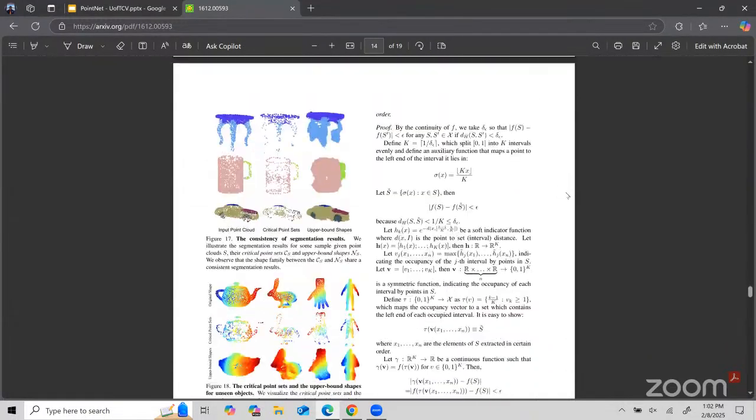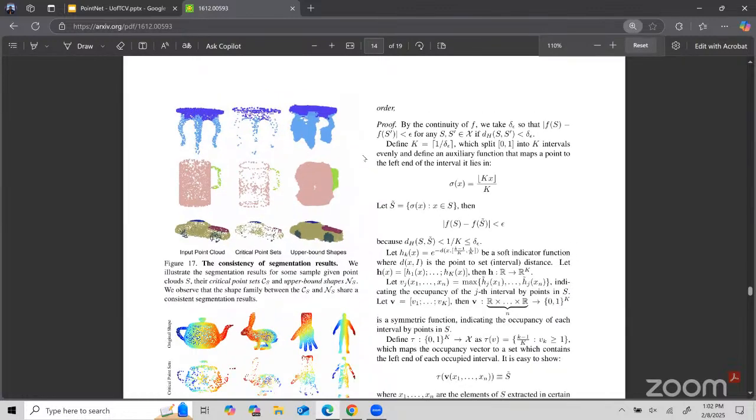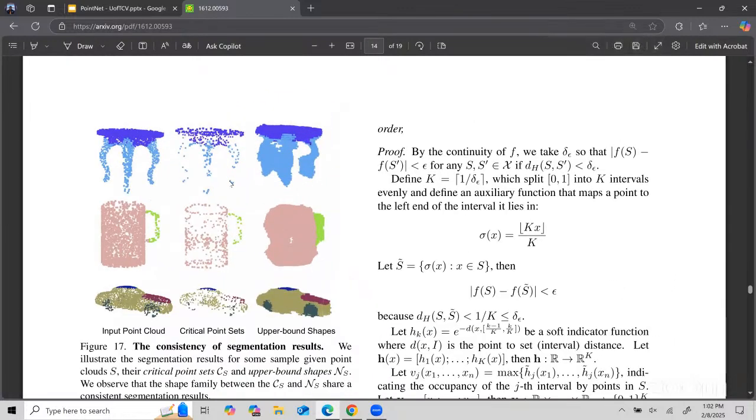So here's some geometric intuition for this theorem. Let's say this right here is our CS, and this right here is our NS, and this is some set in between. What it's saying is if we take any subset that's a superset of this set and a subset of this set, our network is always going to output exactly the same thing.